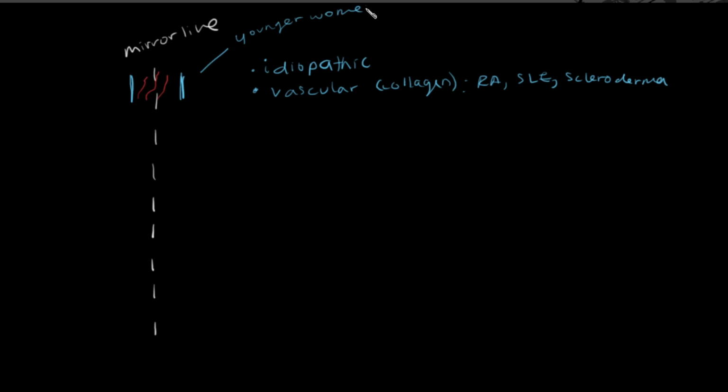The reason for this is, one, it's this vascular collagen disease, which just happens to be more common in this autoimmune, younger women age group. And also this idiopathic cause of pulmonary hypertension is mediated by the BMPR2 gene. It's a mutation in the BMPR2. And that's the high yield bit, this BMPR2 mutation.